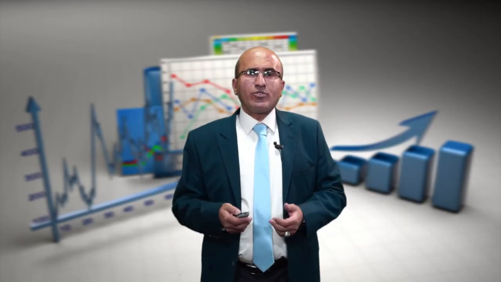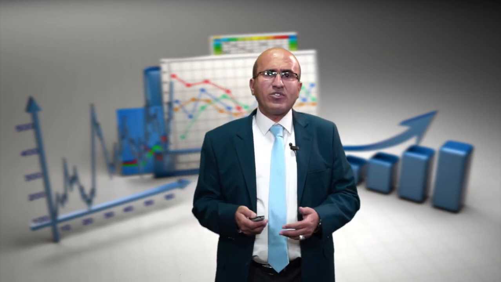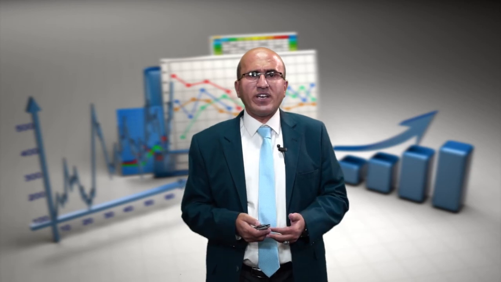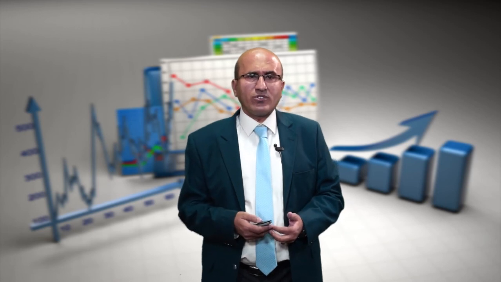Now we come to the end of this session, which was about the data collection process. So we have talked about different types of data, the secondary data, and how we can evaluate the secondary data so it can fit our research problem and our objectives and can answer the research questions.